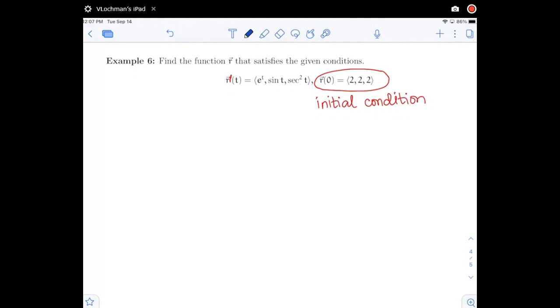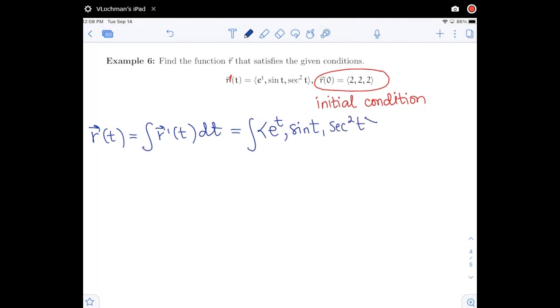So first things first, we're going to compute our integral. So what is R of t? It's the integral of R prime of t dt. So we are integrating which function? e to the t, sine t, secant squared t dt. All of these components are easy to integrate.